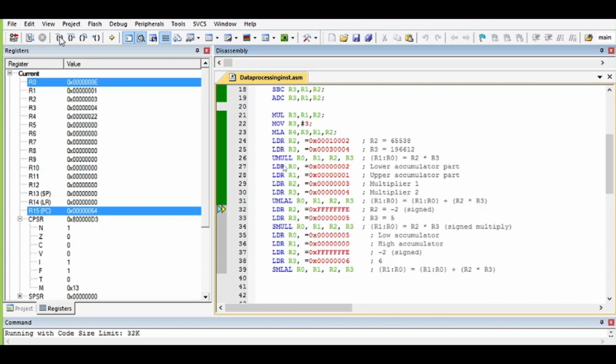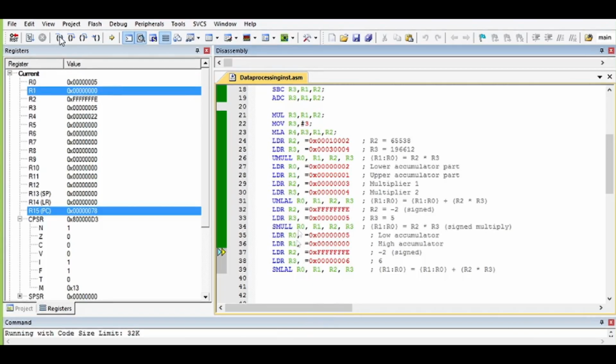The difference between UMULL and SMULL is that in UMULL the contents considered in the registers are unsigned, while in signed multiply long we will be considering signed values in R2 and R3, whose result is stored in R0 and R1. Let's see how that works. The result of signed multiply long is stored in registers R0 and R1, lower 32 bits in R0 and higher 32 bits in R1.